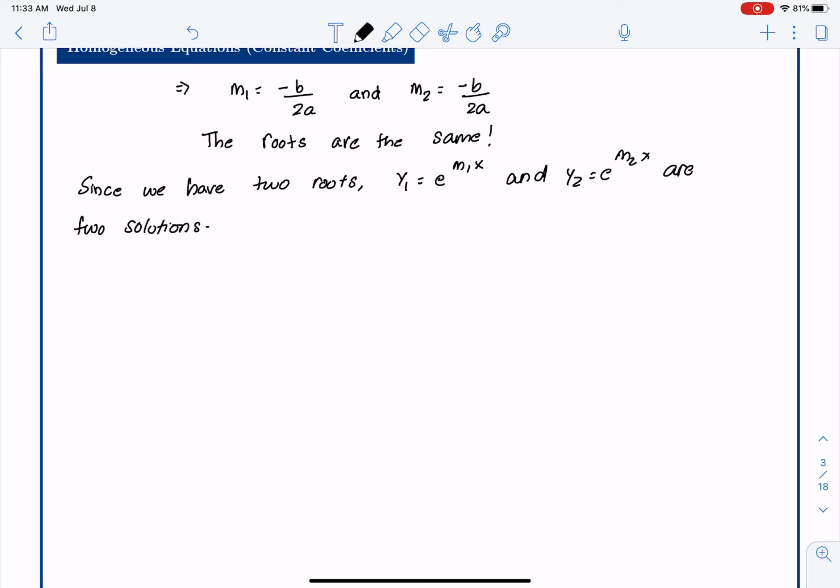But the key thing to note here is that the roots are the same. If the roots are the same, this solution and that solution will be the same because m1 equals m2. So we didn't do anything special here. We need to find that second root. If we don't have that second root, we can't find a solution. This is where the reduction of order comes into play.